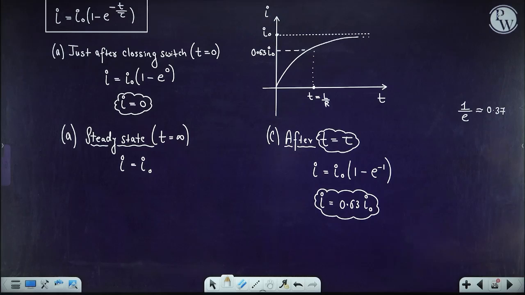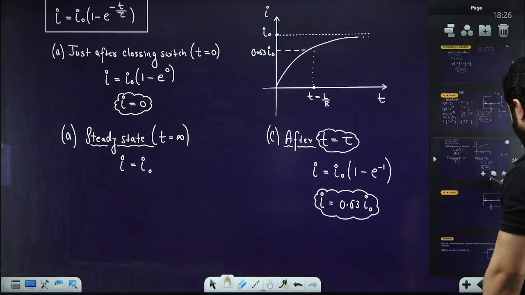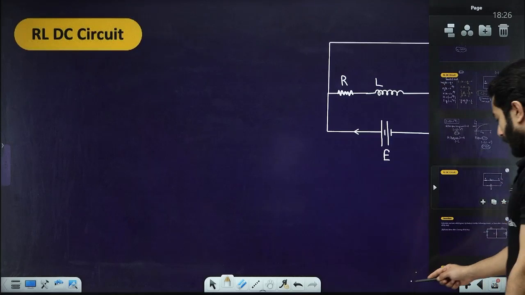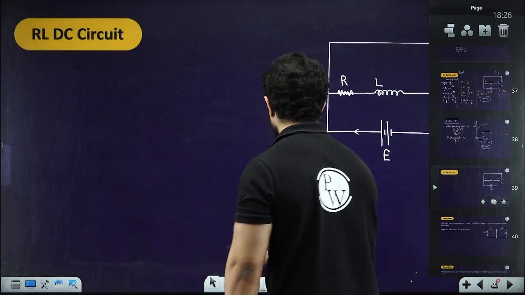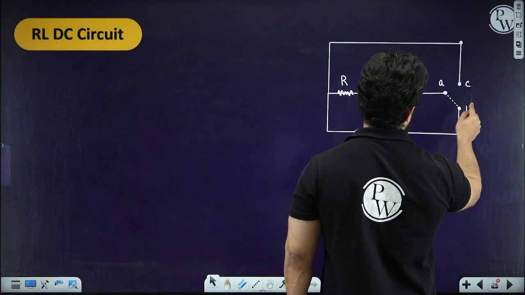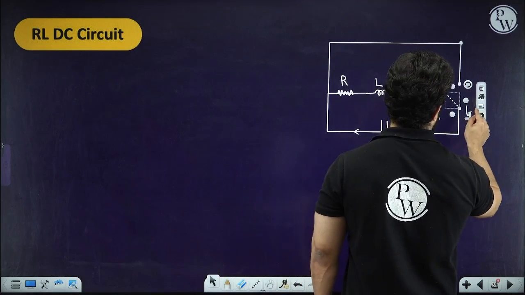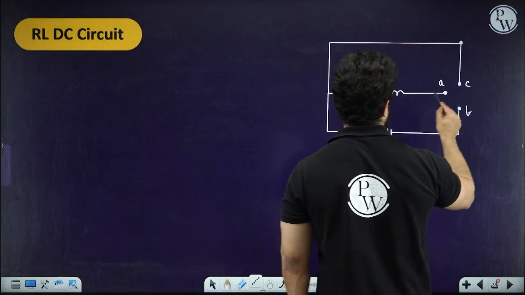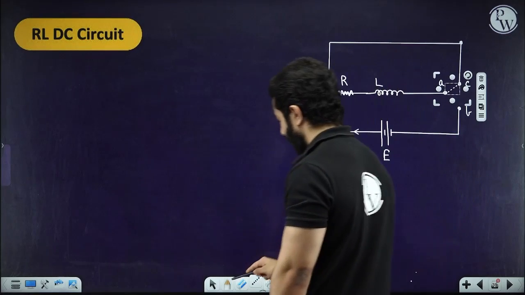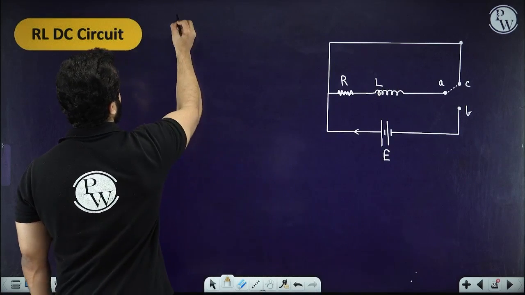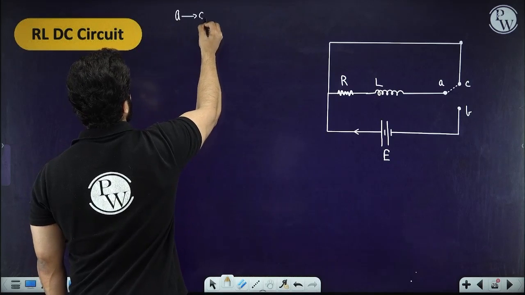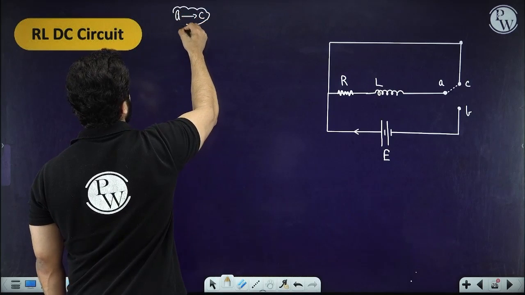All right, so that was about the growth of current. Hopefully everything is clear. Now let's talk about decay of current. Now let's say we are connecting, instead of connecting these 2 points, we are connecting A and C. That will be called decay of current. I will not derive it because this derivation is actually quite simple.